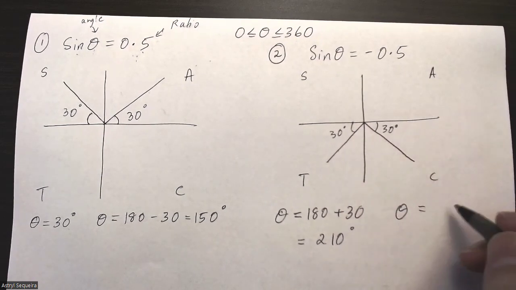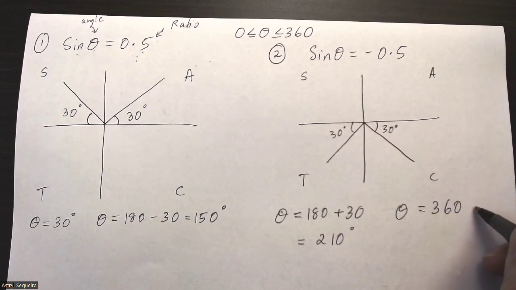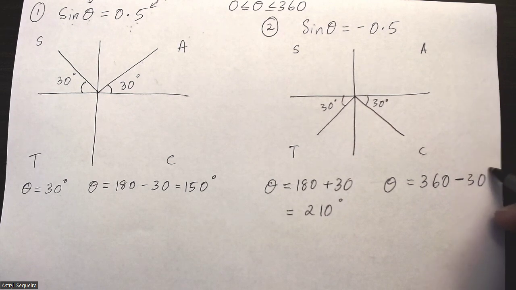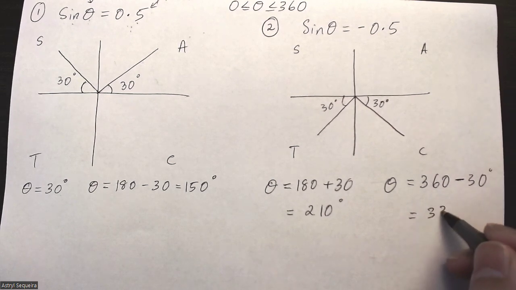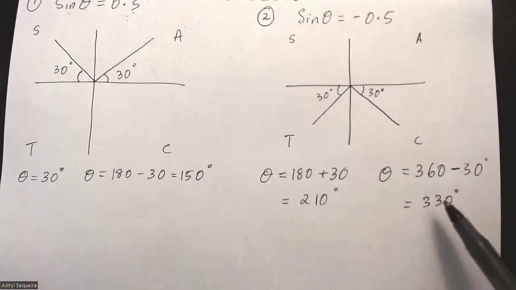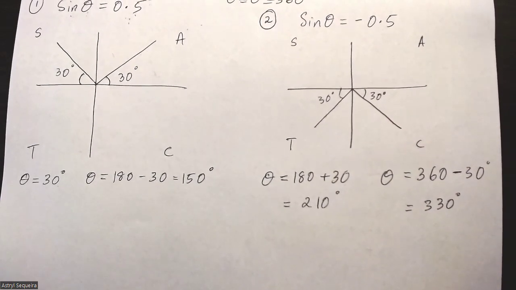And in the fourth quadrant, theta is 360 minus beta, which is going to be 330 degrees. So my two solutions for the second question are 210 and 330.